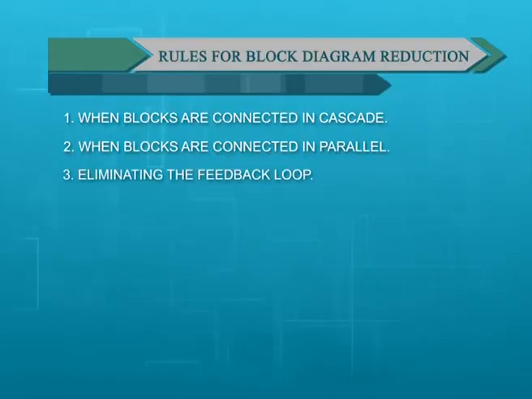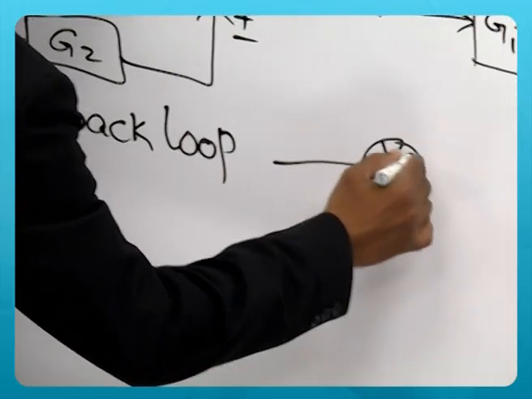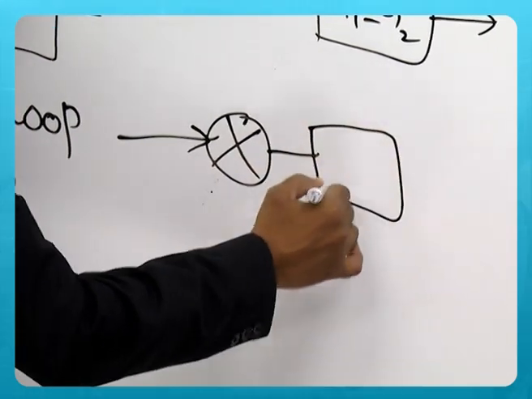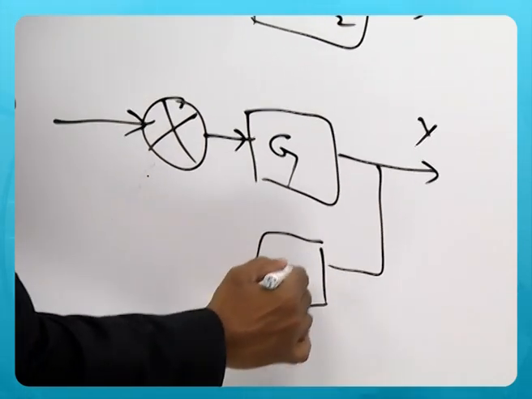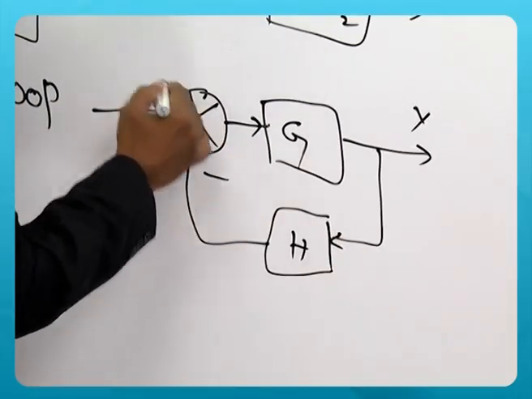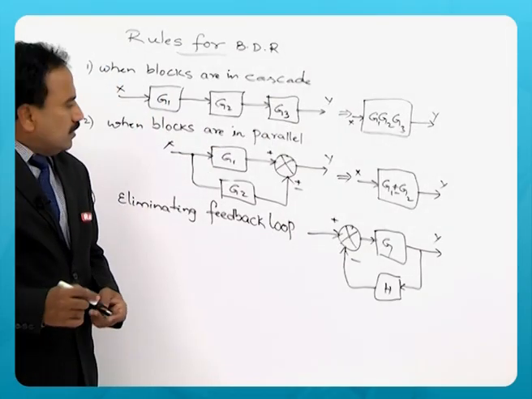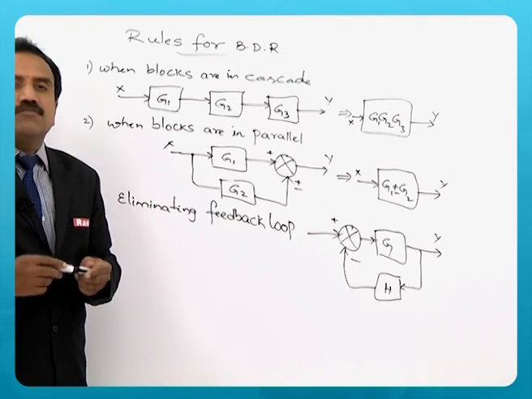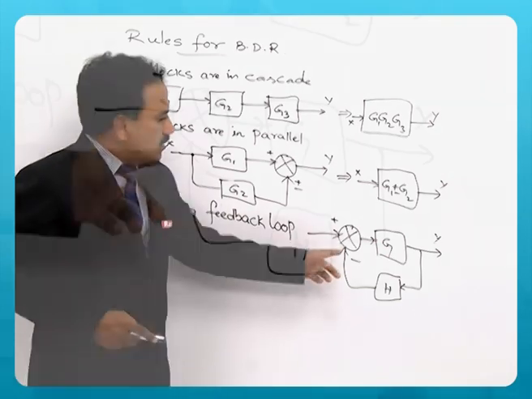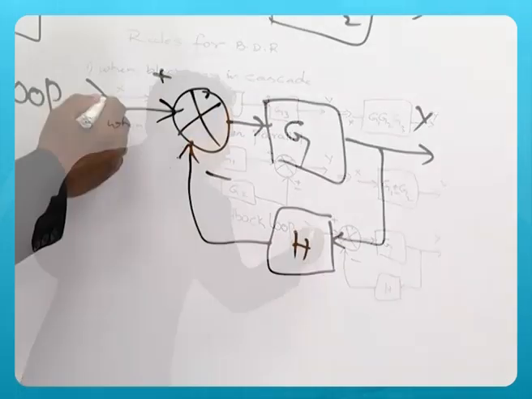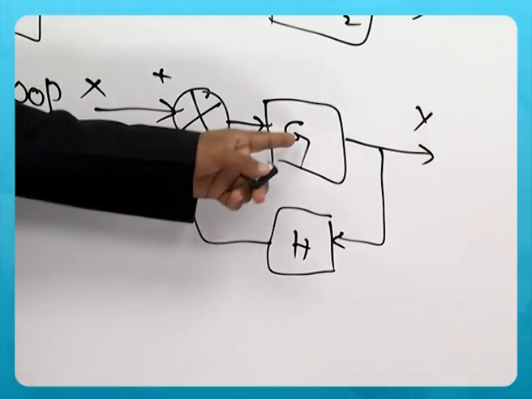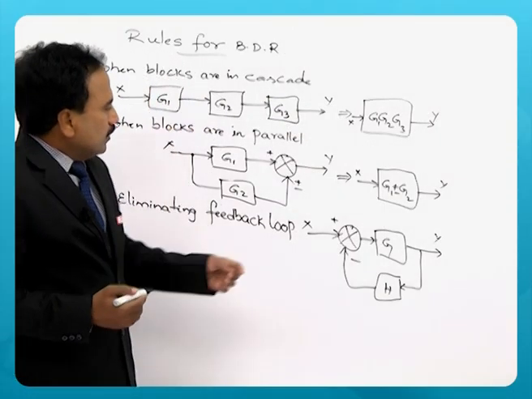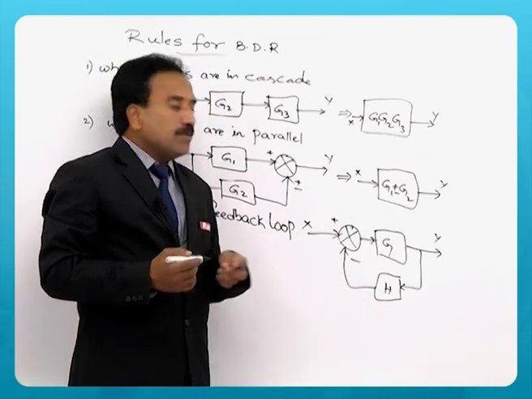Rule 3, eliminating a feedback loop. You can see now how many components are involved in the elimination of a feedback loop. There is a summing point where this x and the signal from feedback are added with this polarity, then there is a block G. So, two blocks and one summing point.